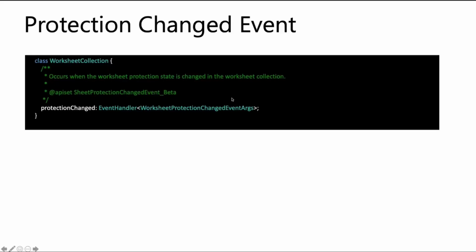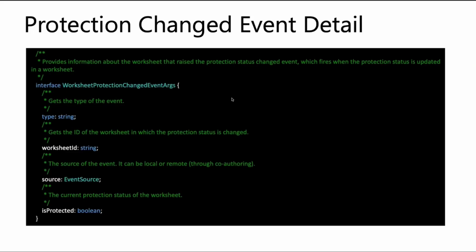For the protection event, the design is quite simple. In the worksheet collection, we add a protection changed event handler, with the event args. The event args will include these 4 things, and the type, worksheet ID, and source are common for all the events.